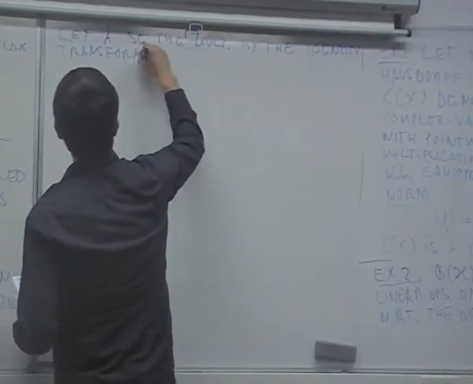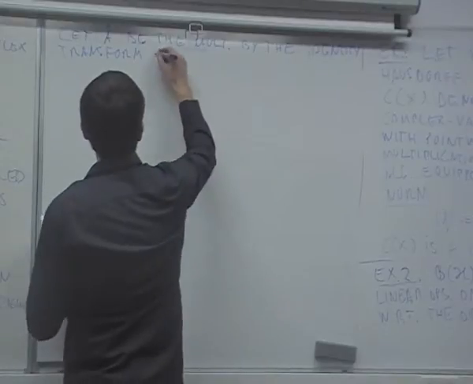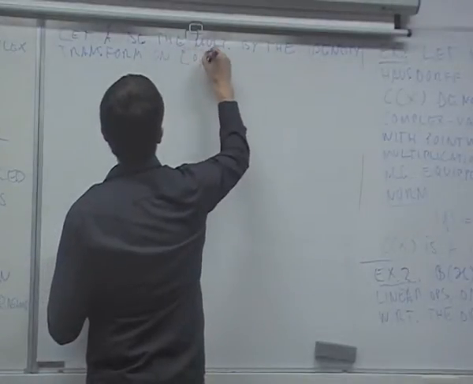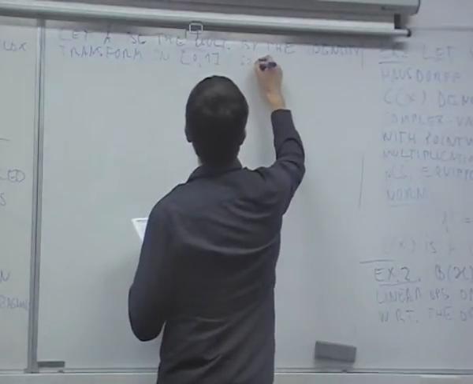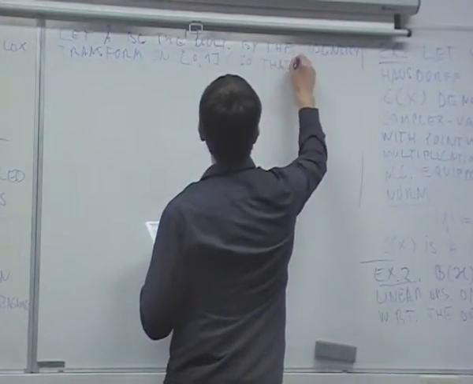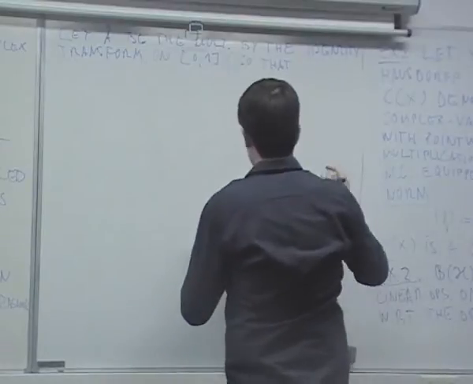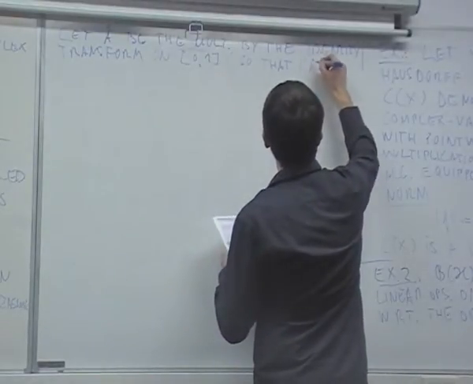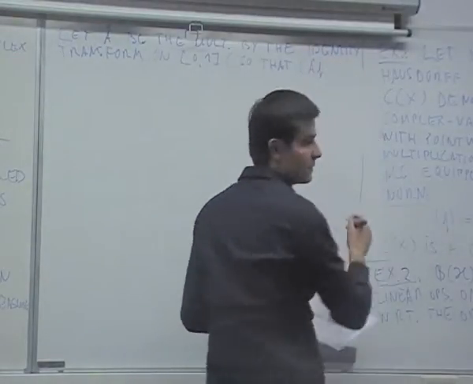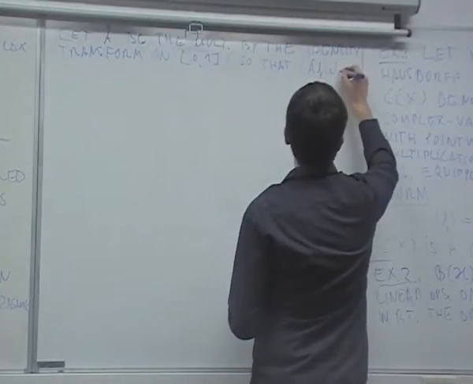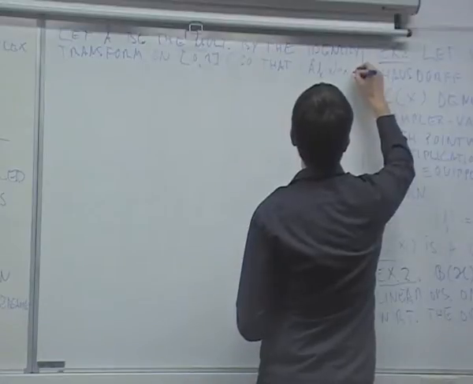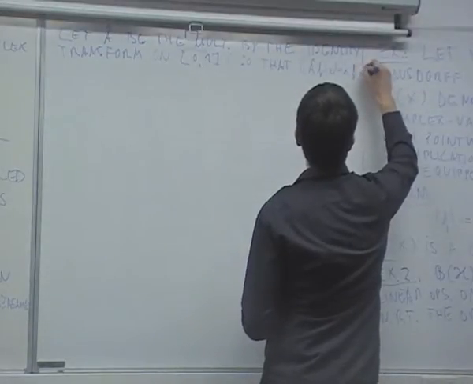Transform on L2 of the unit interval. So this just means that A applied to one of these functions that we have there, at x, is nothing but x times the function.